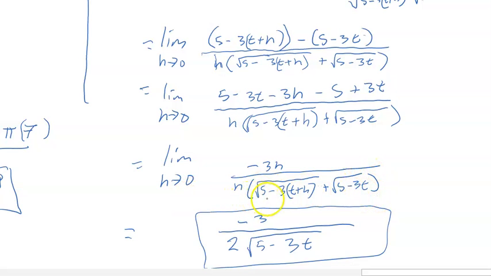And now, after the h's cancel out, we can just plug in h equals 0, and we'll be left with negative 3 in the numerator, and in the denominator 2 times radical 5 minus 3t, and we are done. So that is the derivative of our position function, which is our velocity.